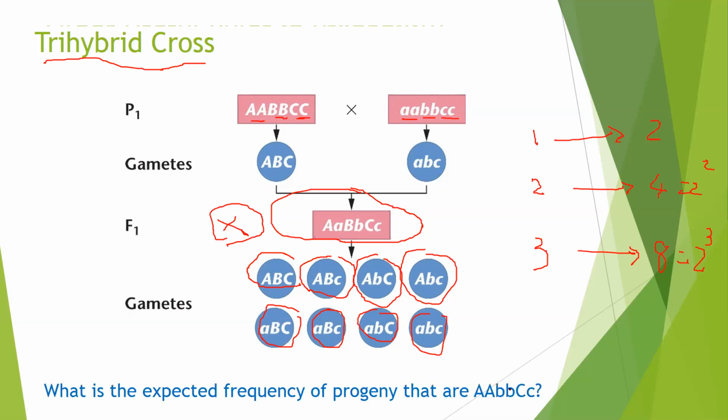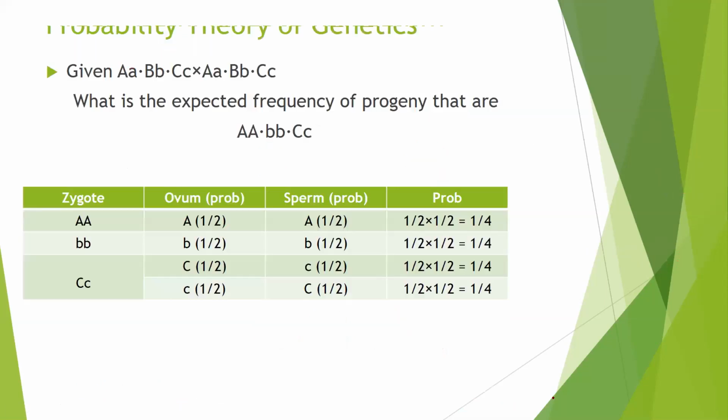All right, if in the test I ask you to calculate the expected frequency of the progeny carrying a genotype like this, how do we do that? It's easy, because the 3 genes are independently assorted during meiosis, so we can just calculate each gene one by one.